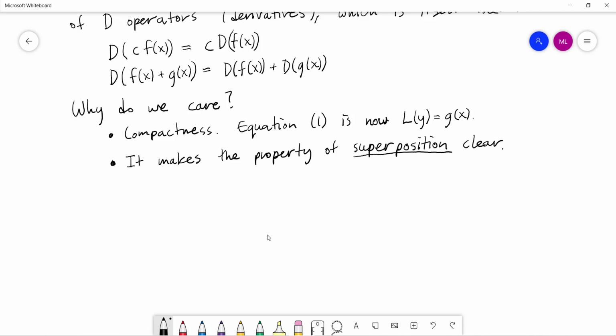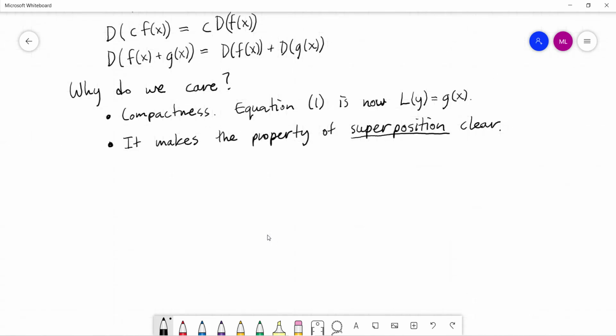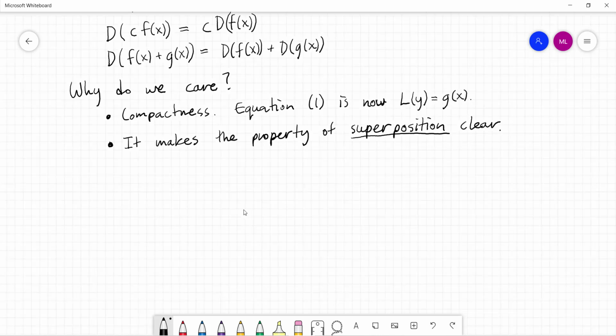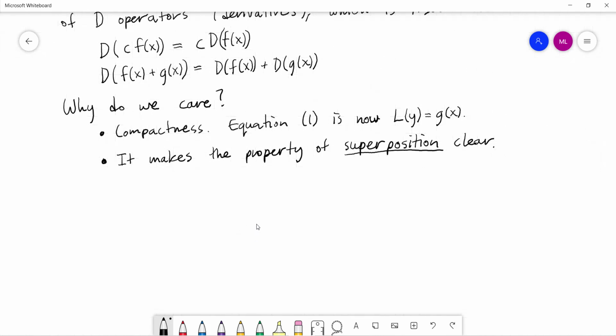Okay, so what is superposition? What are we talking about? Basically, the idea is that if you can find a solution to our differential equation, and then you can find another solution to the differential equation, then the sum of those two will also be a solution.